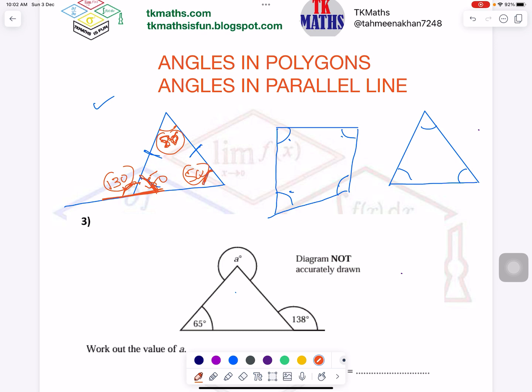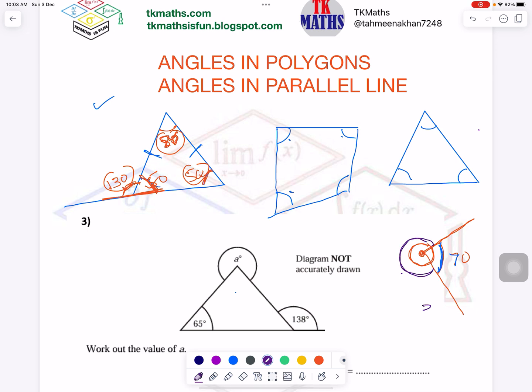And one more thing, if you have a point, then the angles around it are equal to 360 degrees. This is called angles at a point. So if I draw a line here, and suppose this angle is, for example, 70 degrees, what will this angle be on the other side around it?